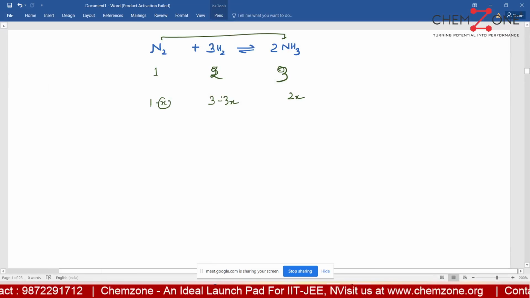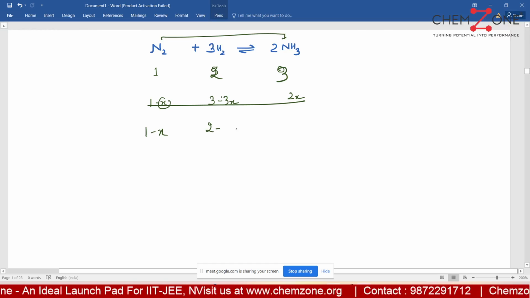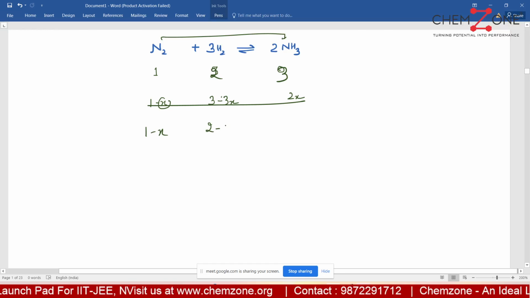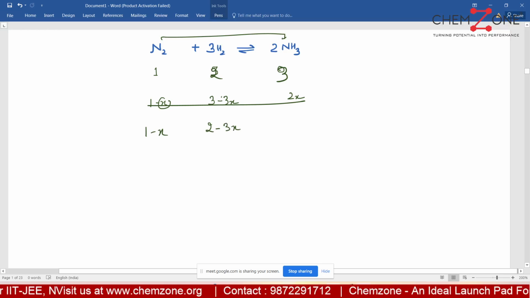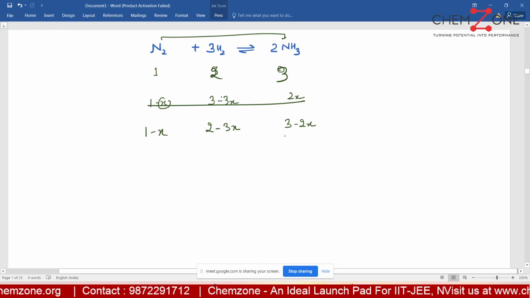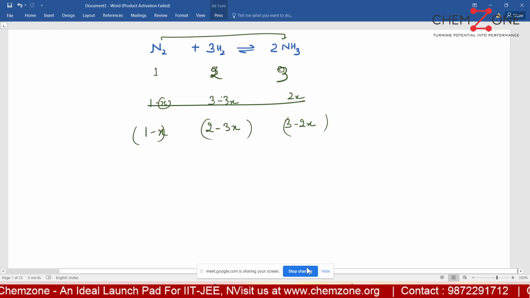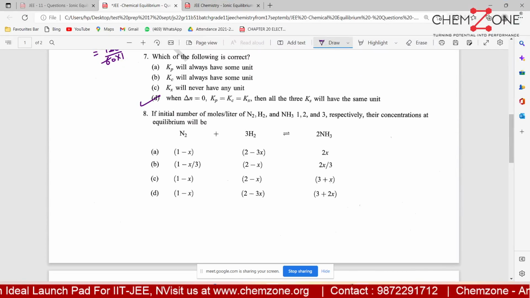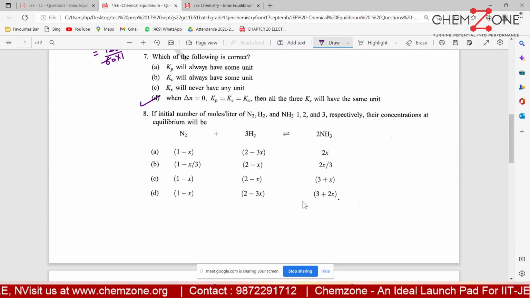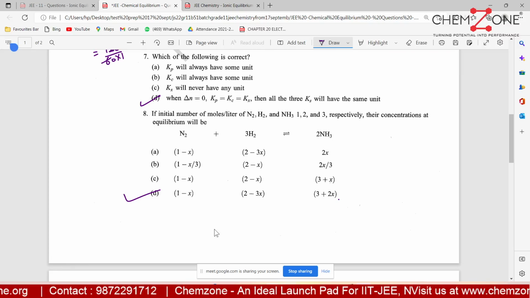Then it should be 1 minus x, 2 minus 3x, 3 plus 2x. Any such option there? I think the last one is like that, 3 plus 2x. Yes, sir, that's the option I gave.